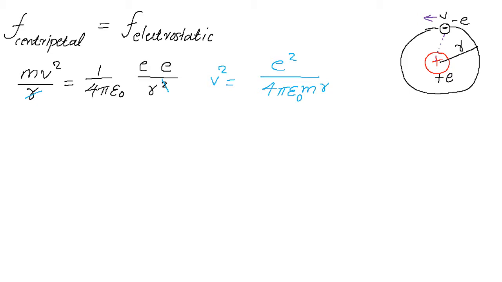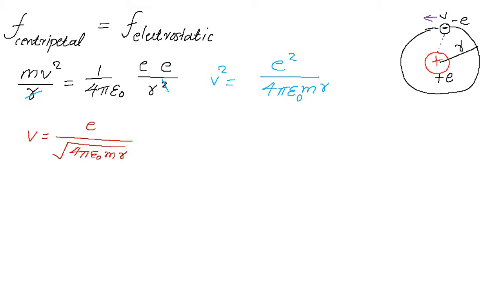That readily gives you an equation for the speed v as the root of this quantity. The root of e square is just e, and the root of 4 pi epsilon 0 m r. Okay, so the speed is given by e divided by the root of 4 pi epsilon 0 m r.